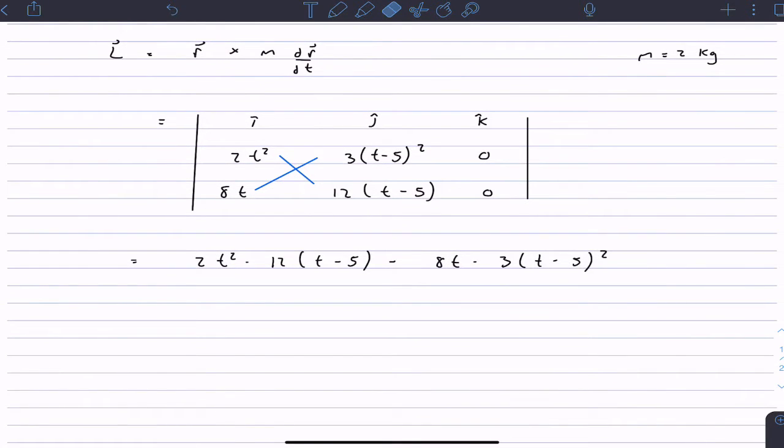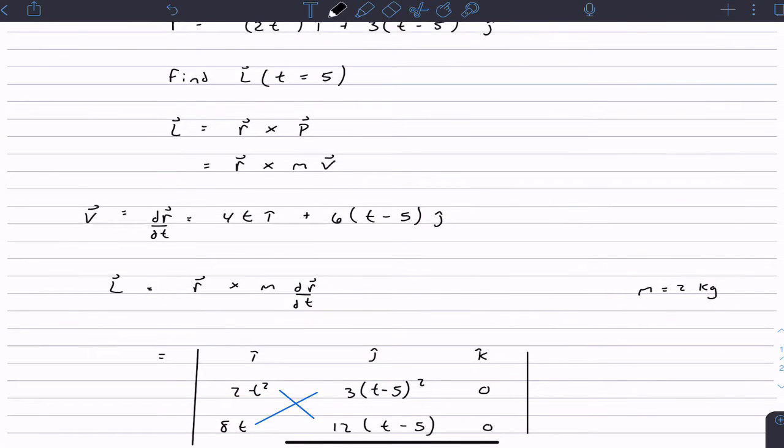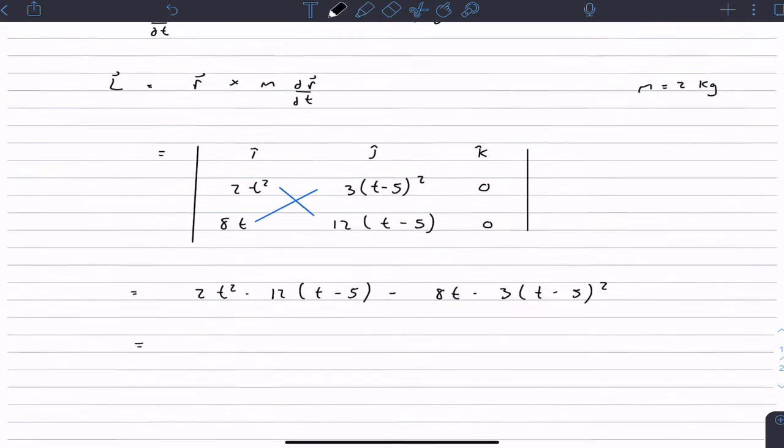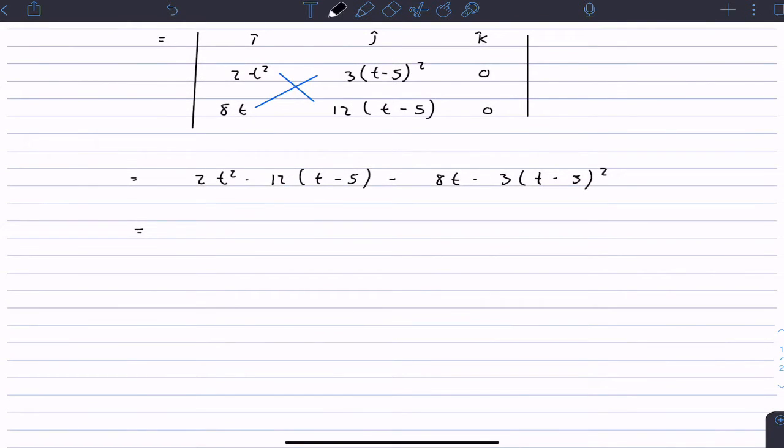So before we do a whole bunch of simplifying and algebra, let's remember what we're trying to find, and that is we want to know what angular momentum is at t equals 5 seconds. So we really don't need to go through the rest of this calculation. We can just plug in t equals 5 into both of these.